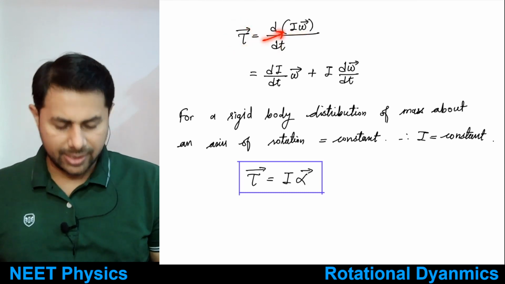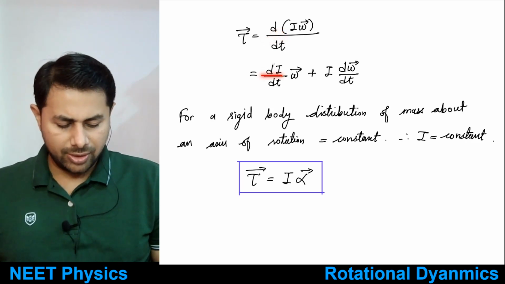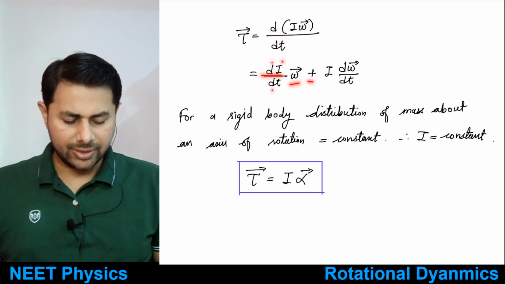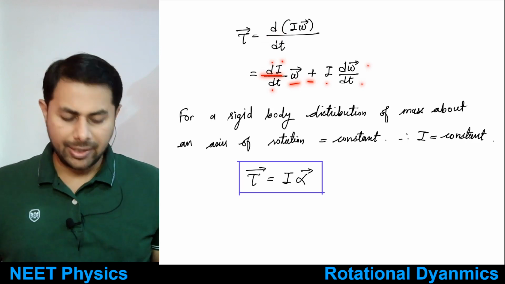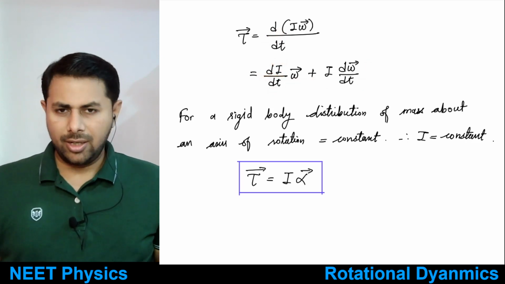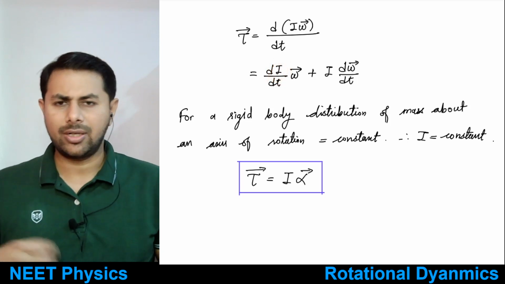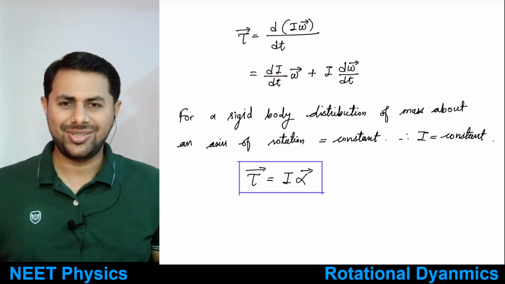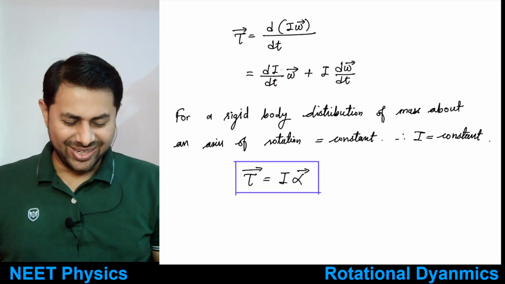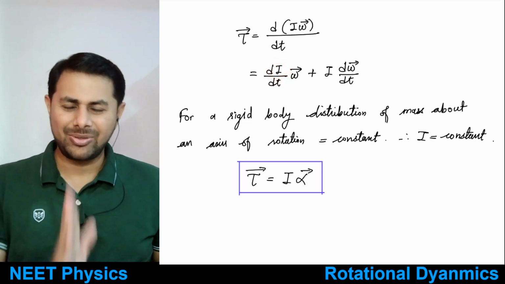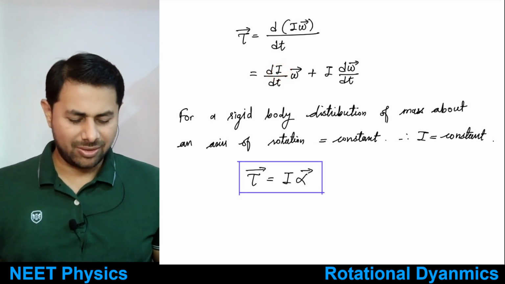Then you take the derivative of this, so you have dI by dt times omega plus I multiplied by d omega by dt. And if it's a rigid body, then its moment of inertia about a given axis of rotation will not change. What does this mean?